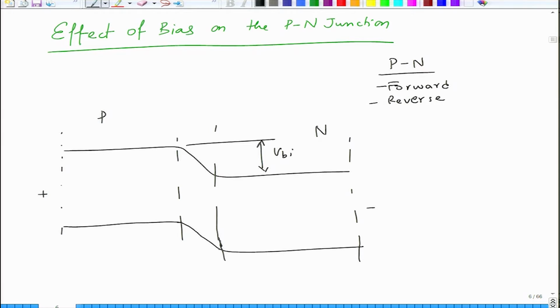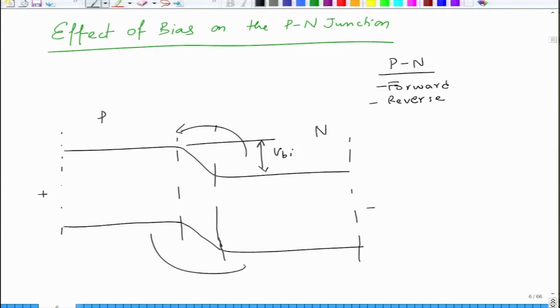Since you are applying negative bias to the N terminal, the electrons on the N side will feel a force to go to the P side. Similarly, when you positively bias the P side, the holes from the P side will be repelled and forced to go towards the junction to the N side. So you have electron migration from here to here, and you have holes migrating from here to here.